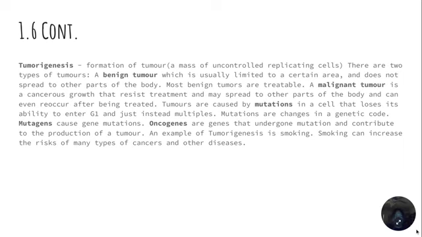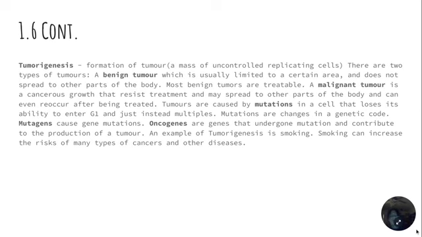These tumors can be caused by mutations in a cell that loses its ability to enter the G1 phase and instead just multiplies uncontrollably. Mutations are caused by changes in the genetic code, and gene mutations are caused by mutagens.